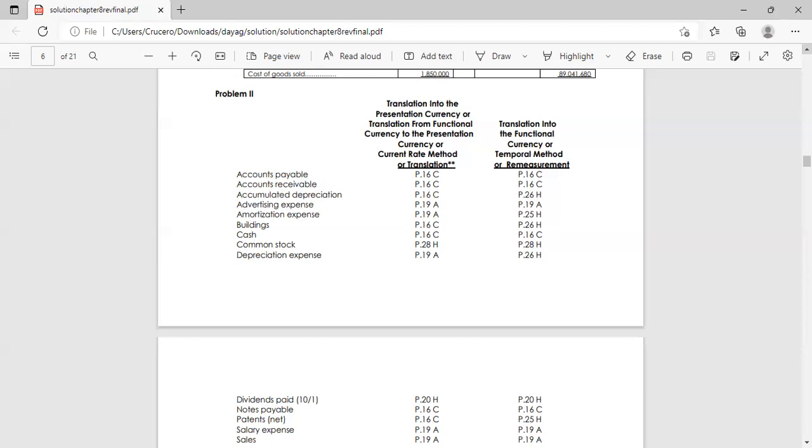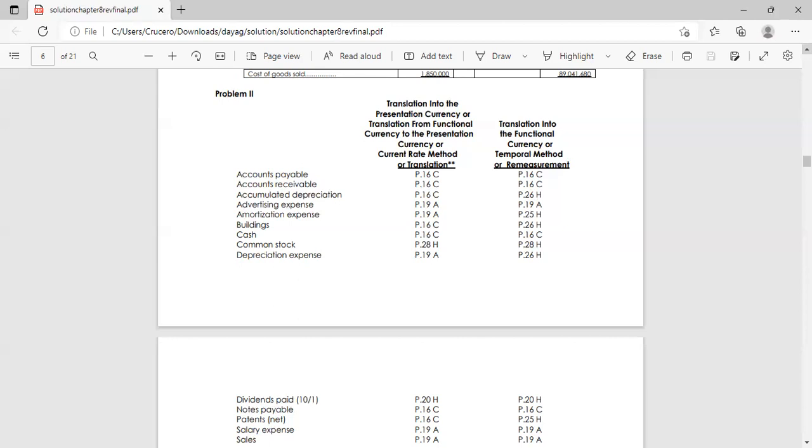So for method number 2, for buildings, we use the historical rate, and that is 0.26. The reason is building is non-monetary and we are now using method number 2. So we use the historical rate.